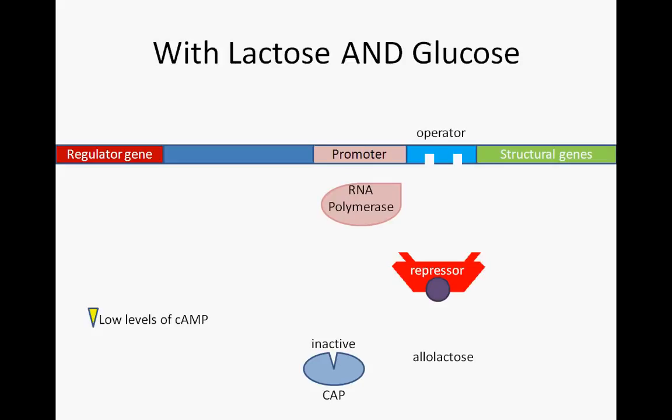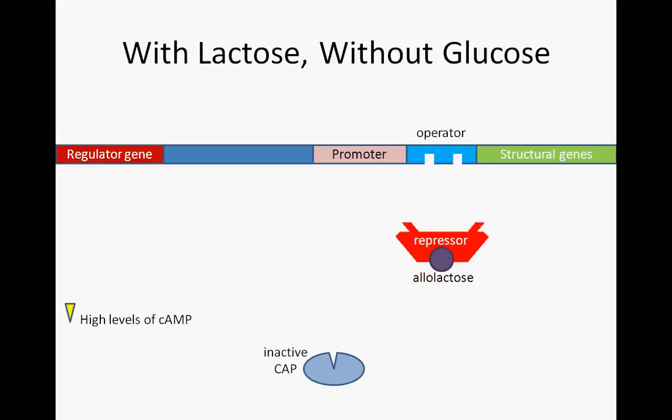Only when levels of glucose are low is cyclic AMP available to bind and activate CAP, which in turn facilitates transcription through enhanced RNA polymerase binding.